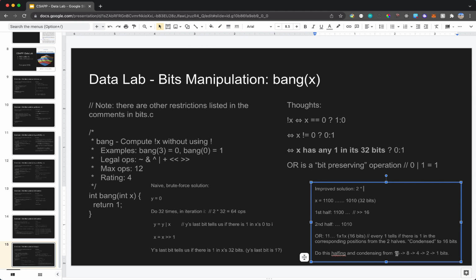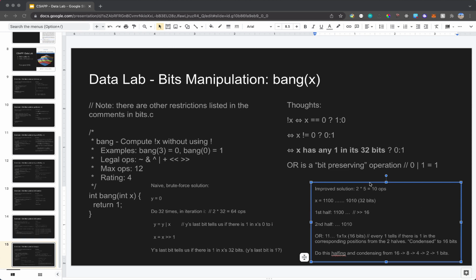And then we do the iteration 1, 2, 3, 4, 5 times here. So in total, there will be 10 operations in this main body of the solution. Compared with the previous brute force solution, which has 64 operations, the new one is much faster and is below the maximum allowed number of operations here.